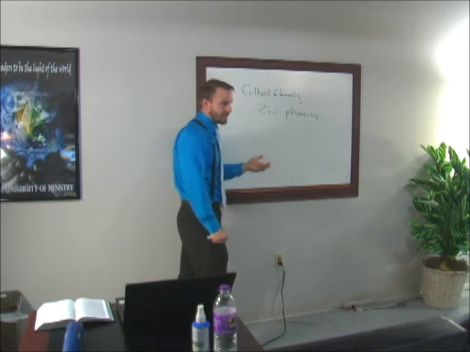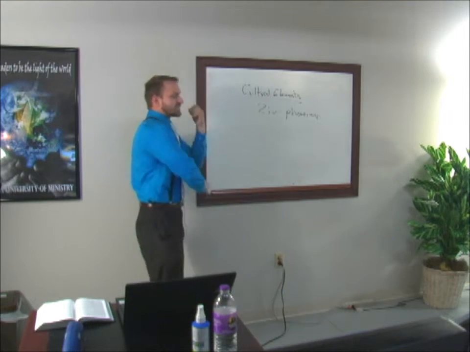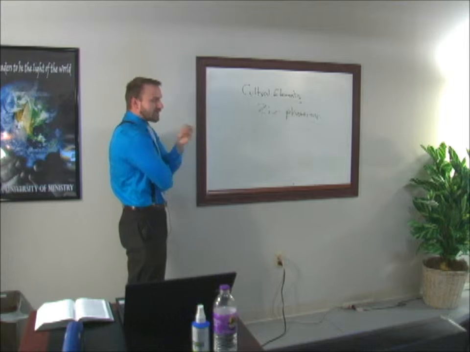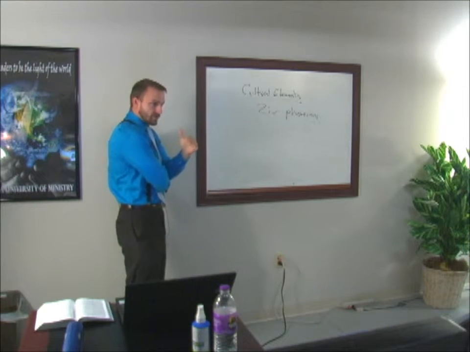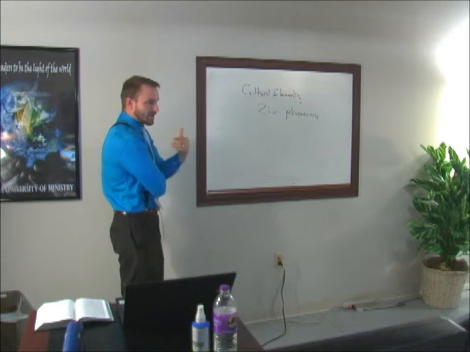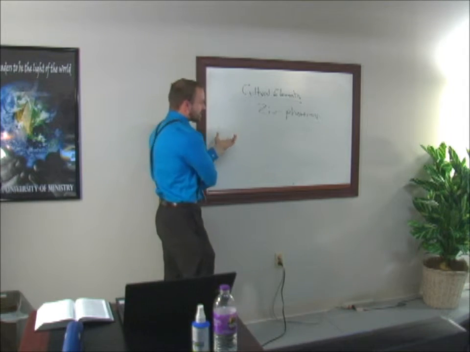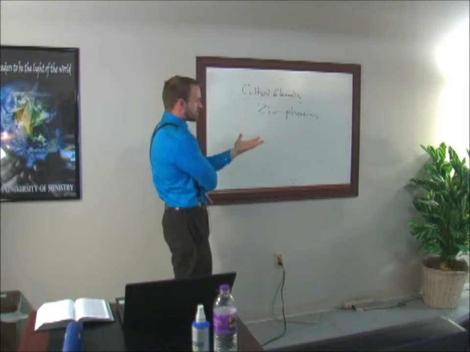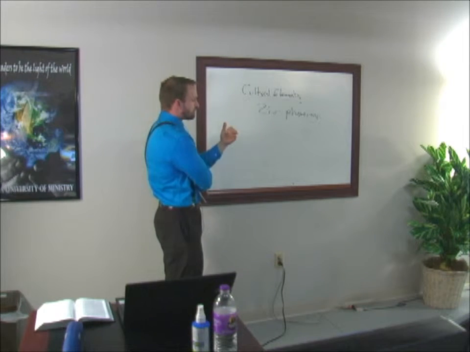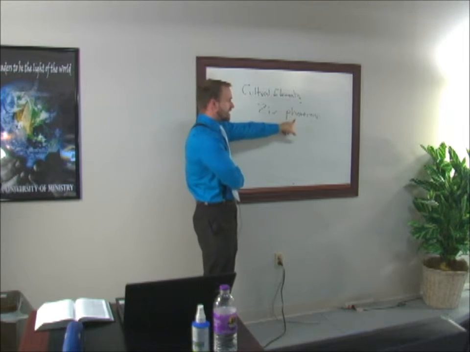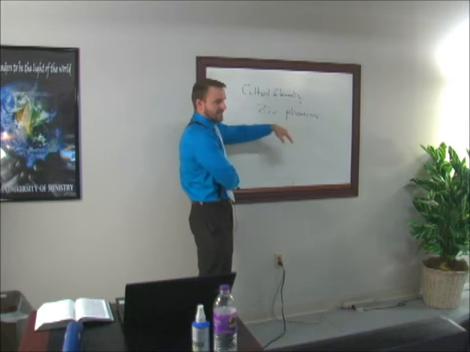But actually, when we compare it to the other nations around, it's much smaller in terms of the amount of gold and things that Solomon had. His building projects were very comparable in size. In fact, there's a Phoenician temple that was very much like that, and the Assyrian temples.